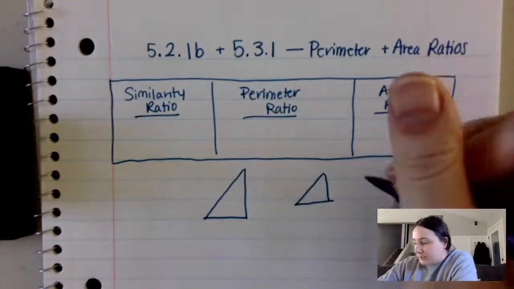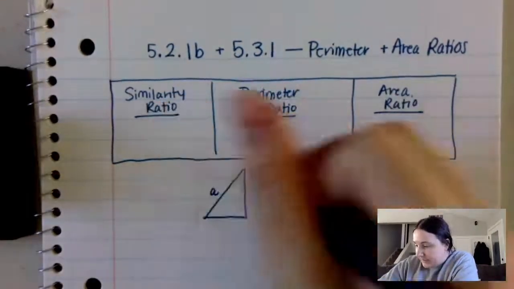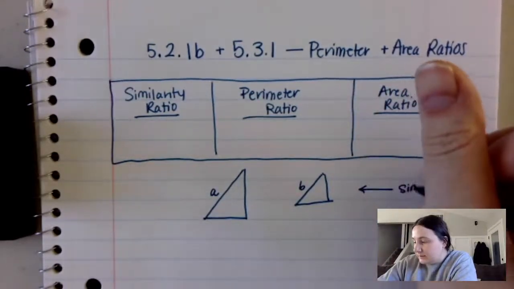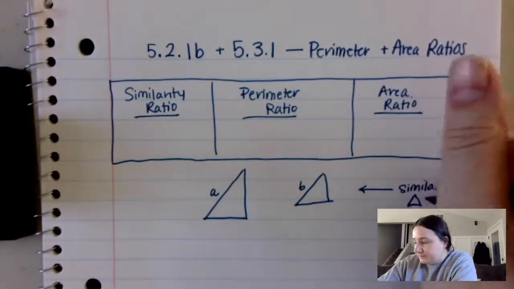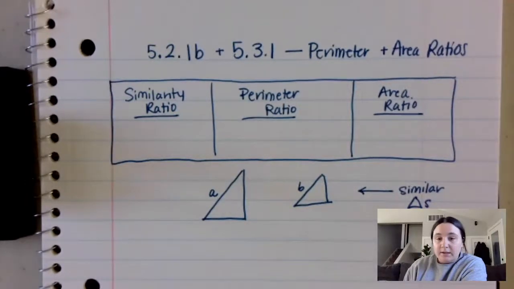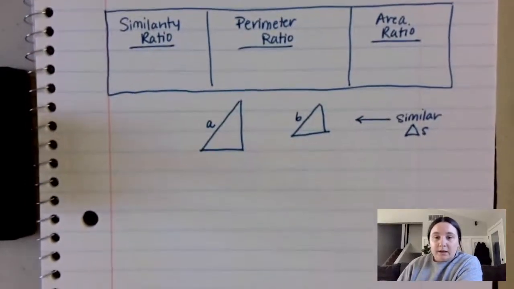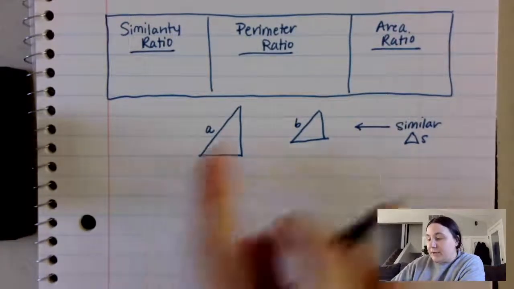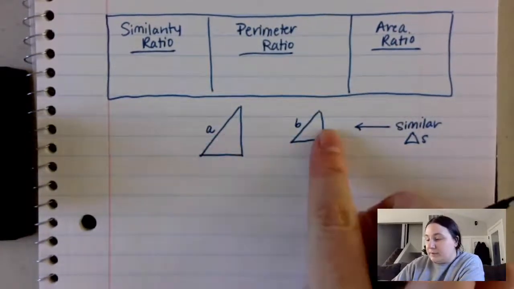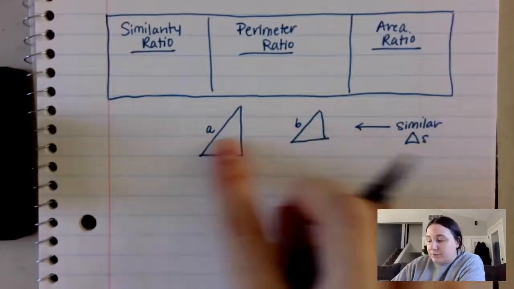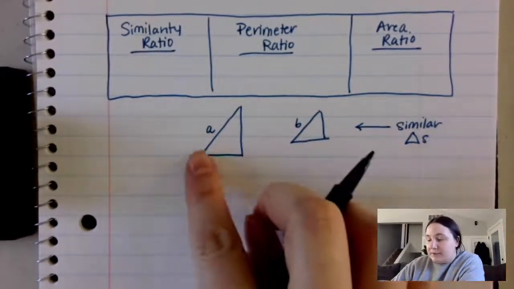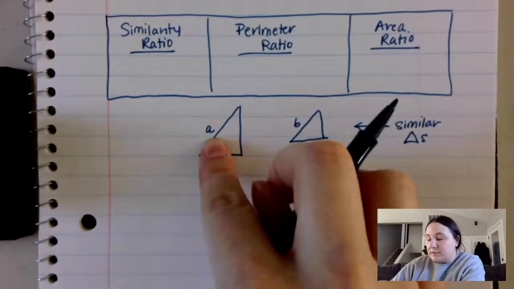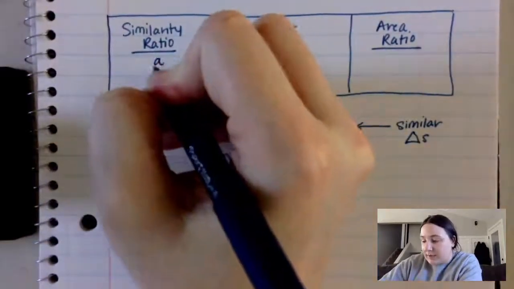We know that these are similar, and this has side A and this has side B. In this case, our similarity ratio would be the ratio of one side to the other. You can choose which is on top, which is the top shape and which is the bottom. It doesn't really matter, but it's just going to be one side over the other. So A over B.